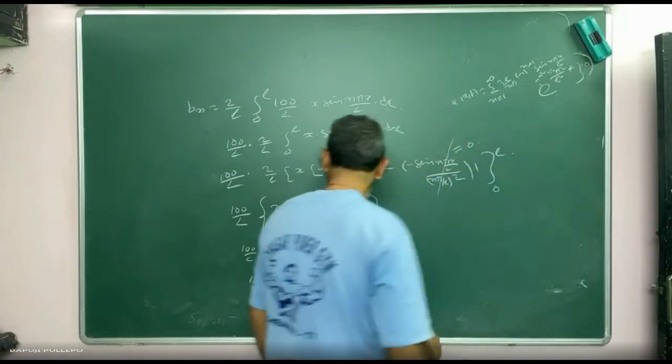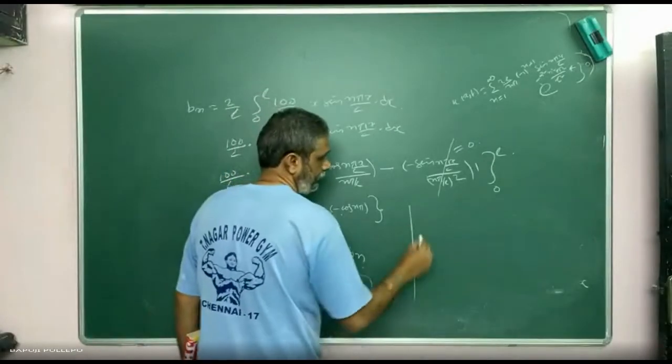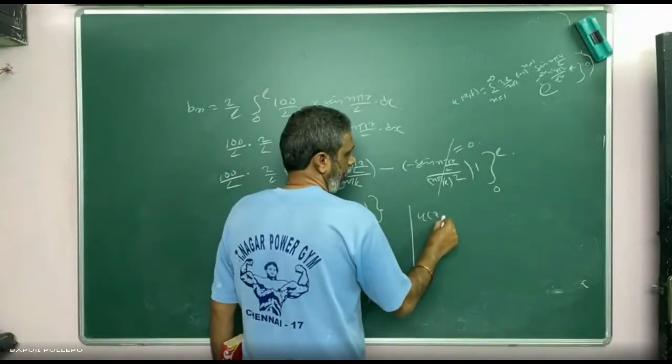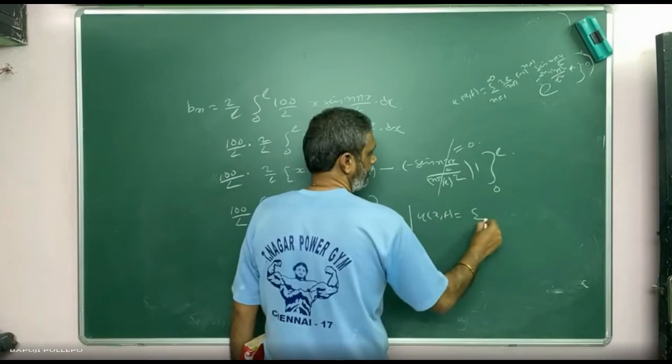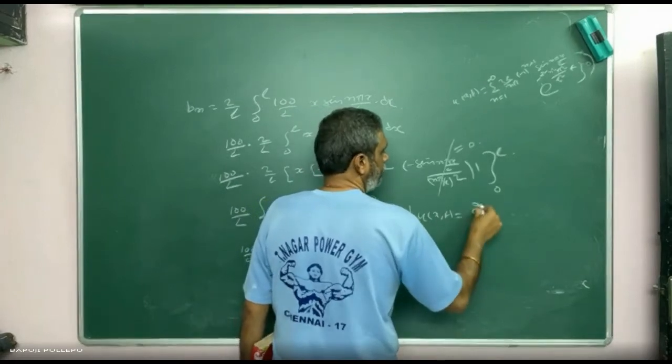Now for this problem, what is the solution? Tell me. U of x comma t, n is equal to 1 to infinity.